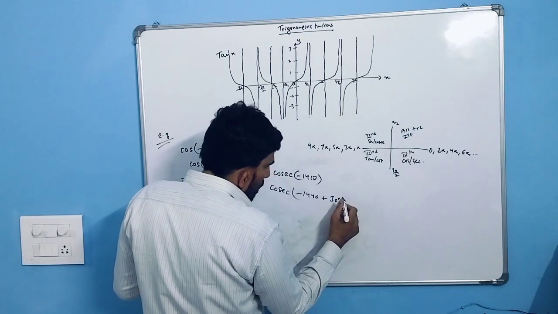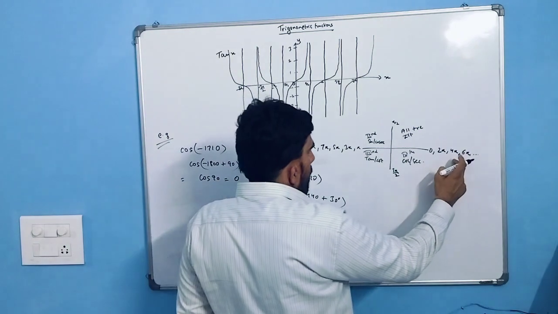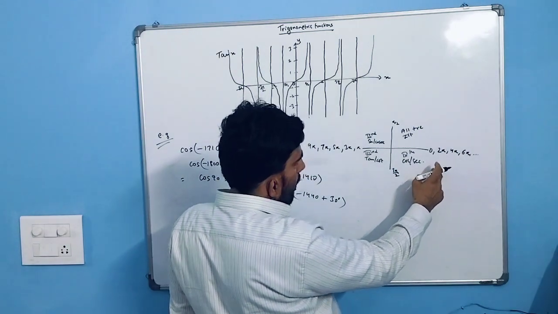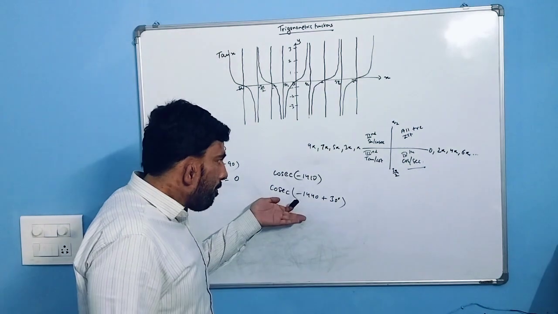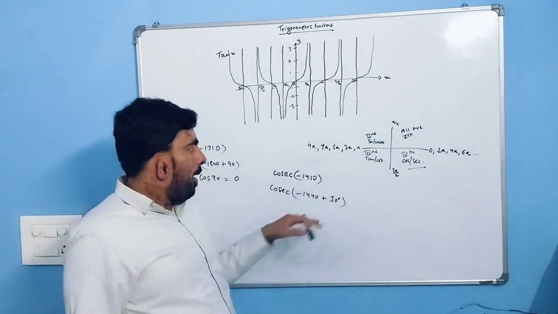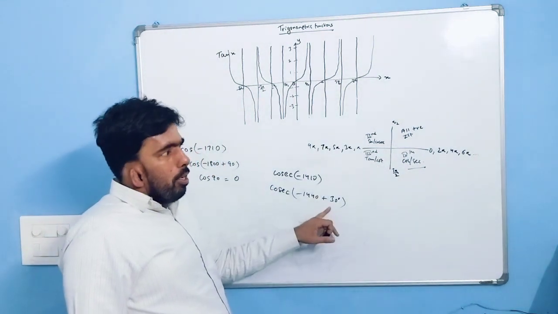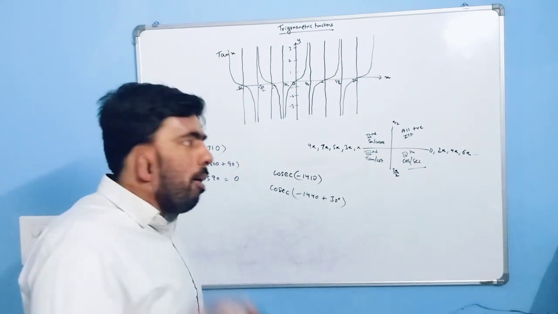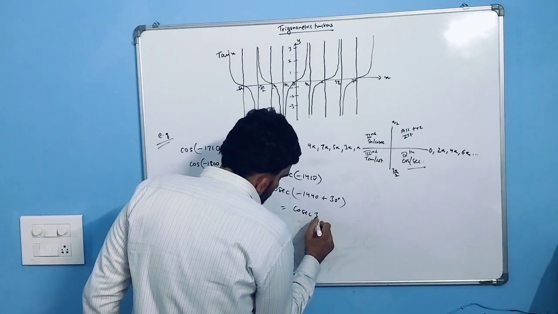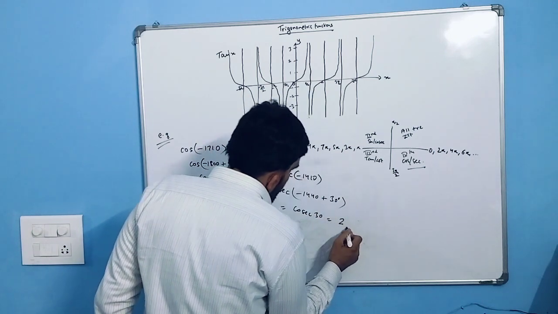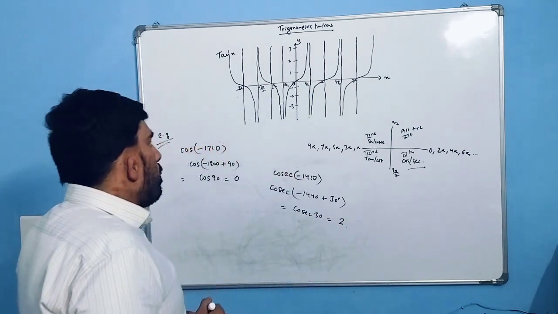Okay, because I got this here, and from here I will minus 30 degree, so it will come in fourth quadrant. So in fourth quadrant, cosec will be negative. Now cosec 30 will be the reciprocal of sin 30, half, so it will be 2.